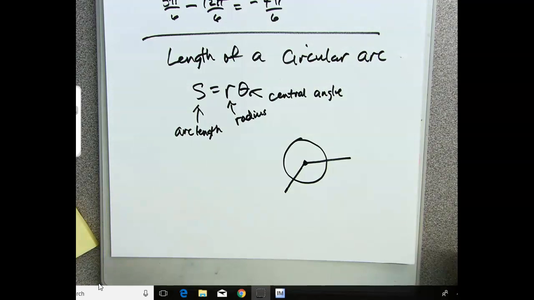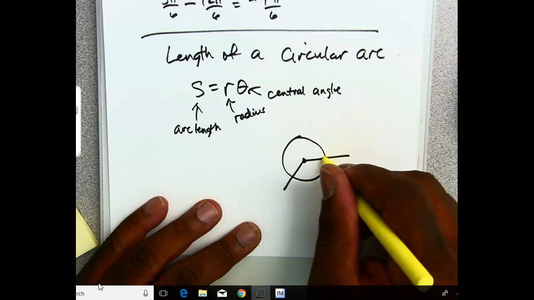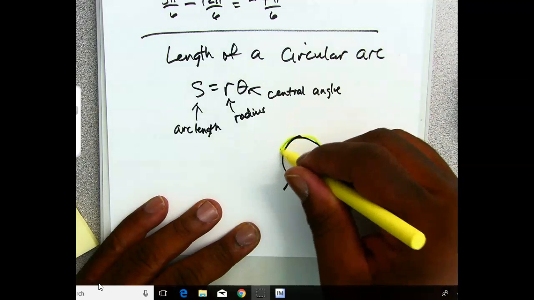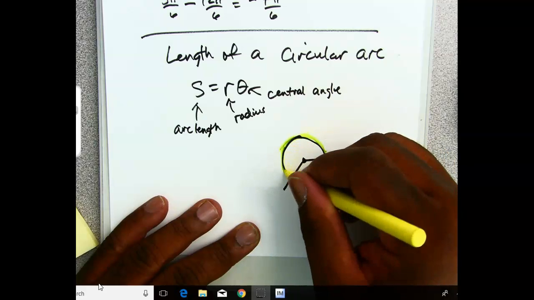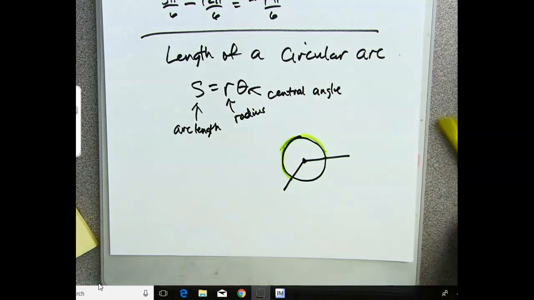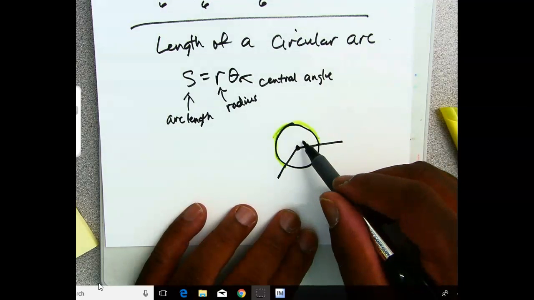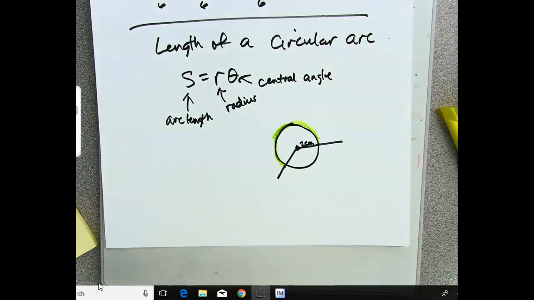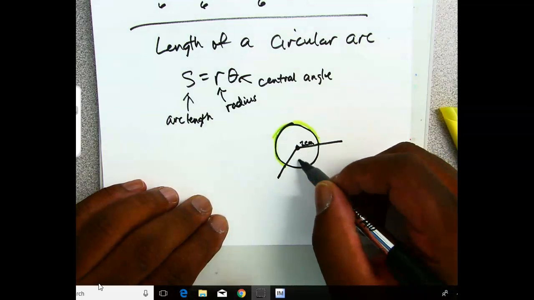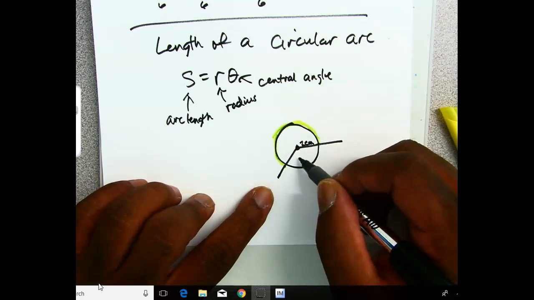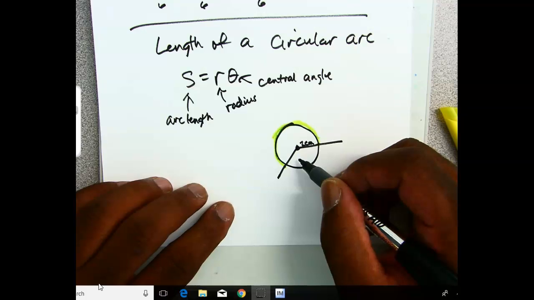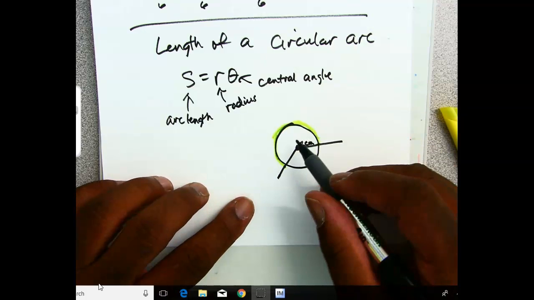Okay, so let's say we wanted the length of this arc here, and our radius is 2 centimeters. And let's say our central angle here is 240 degrees.